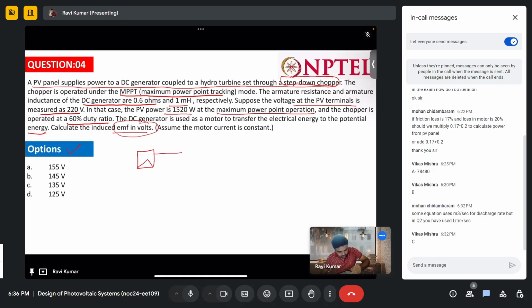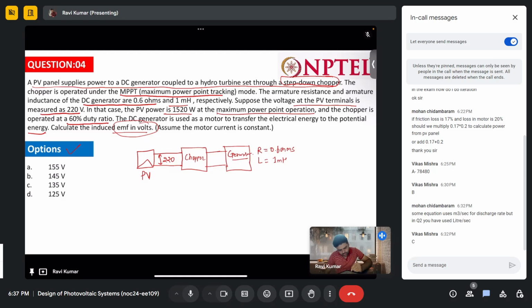It is connecting, let's say, a DC-DC chopper, PV, and the DC generator configuration. On the generator side, this voltage is 220 and here resistance is 0.6 ohms and inductance is 1 micro.